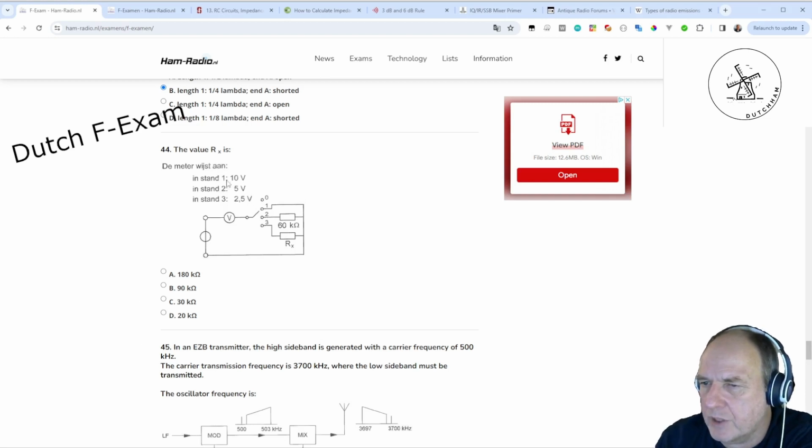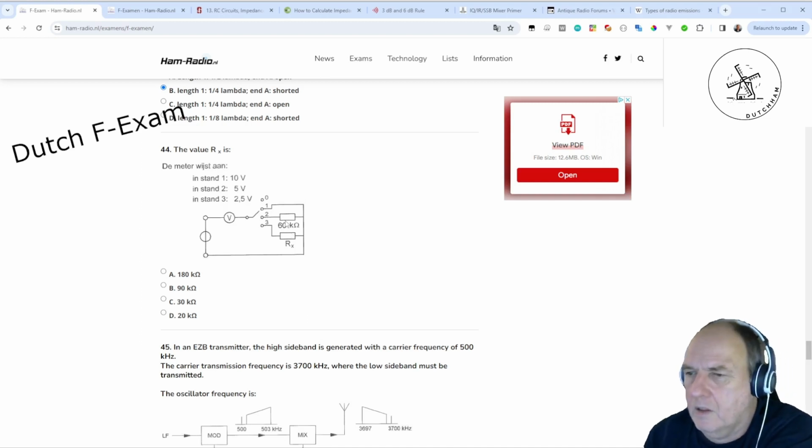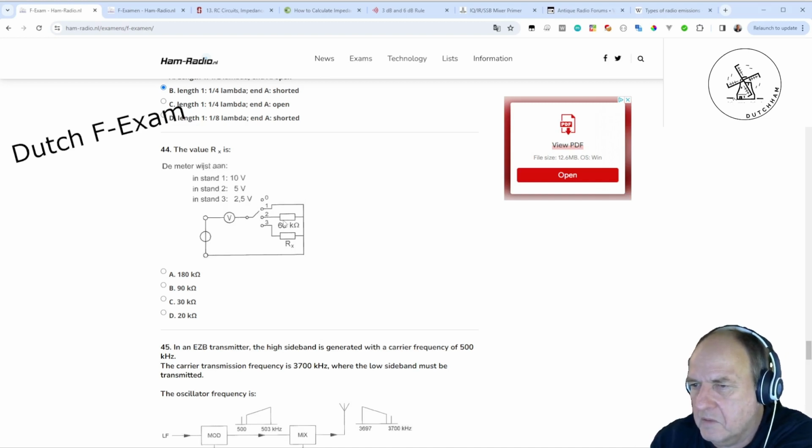So if in position 1 we have 10 volts, then I would say that the internal resistance of the meter will be 60k.